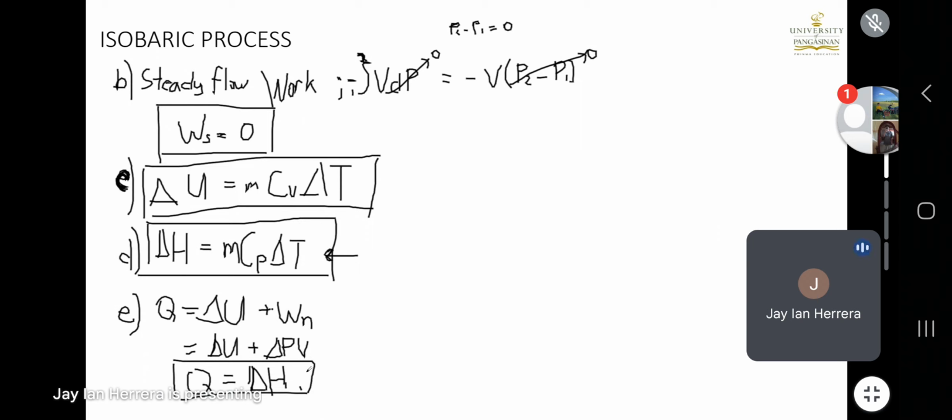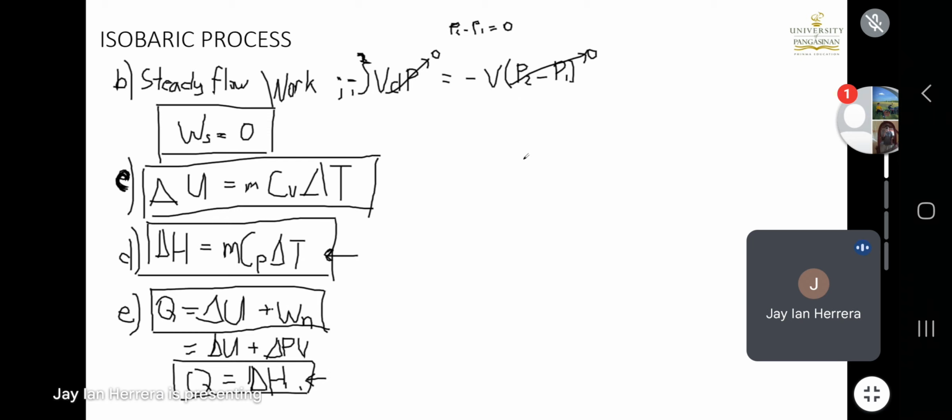Anyway, if you can't get the enthalpy, you can use our general working formula, delta U plus work done. If we have solved for this, the mCP delta T is easy to solve, so we can use this easier way to solve the heat transferred.